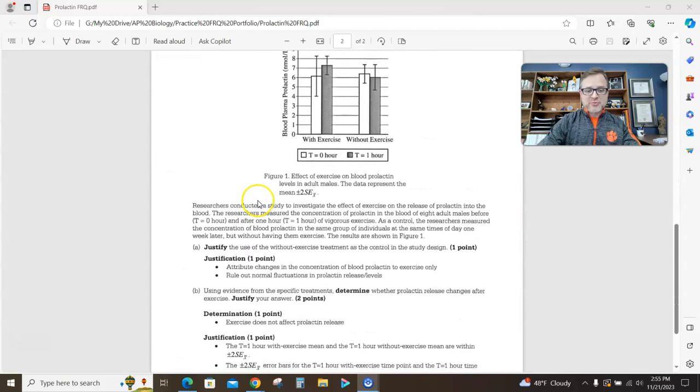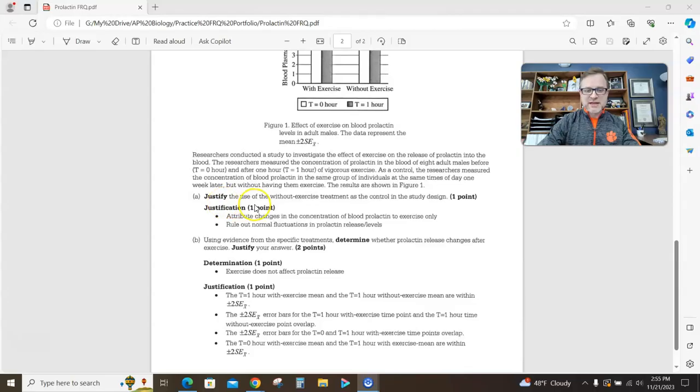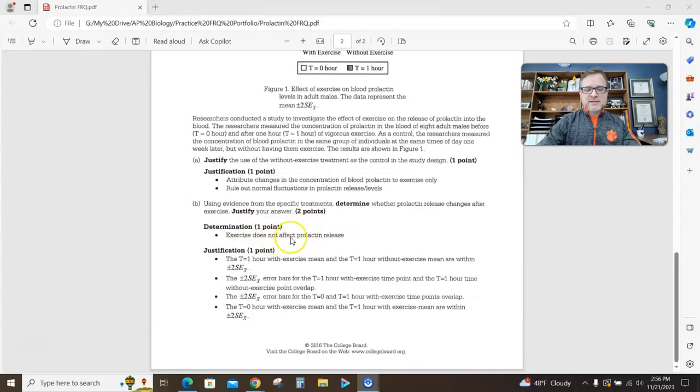And looking at the grading rubric, look what they accepted. For part A, the justification, they accepted to attribute changes in the concentration of blood prolactin to exercise only. That's basically what I said. They also said to rule out normal fluctuations. Maybe throughout the day your blood prolactin just goes up based upon how long you've been awake. It's to rule that out. For part B, did it have an effect?